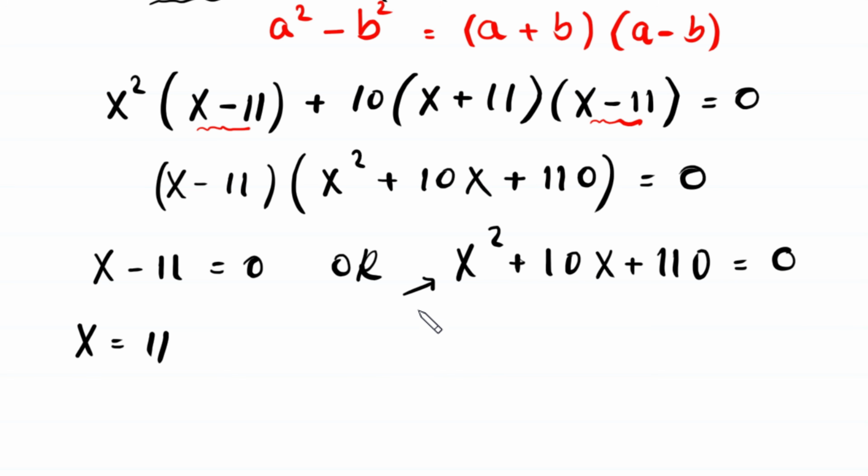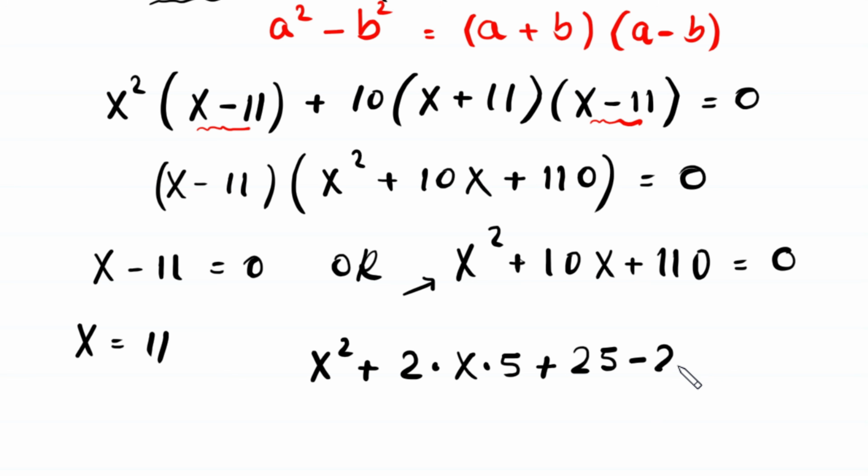We can rewrite this equation as x^2 + 10x, which is same as 2 times x times 5. To complete the square, we add here 5 squared, that is 25. We also subtract 25, plus this 110 equal to 0.